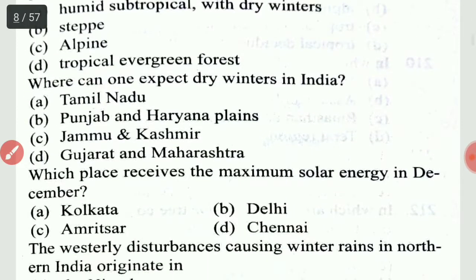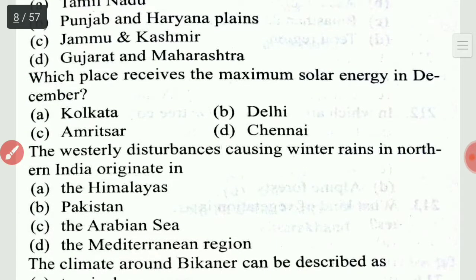Next, where can one expect dry winters in India? Dry winter in India is expected in option D, Gujarat and Maharashtra.